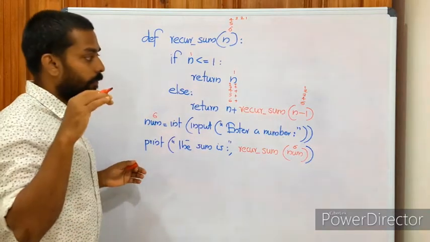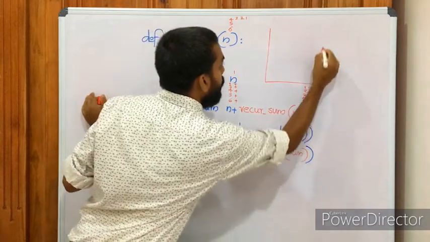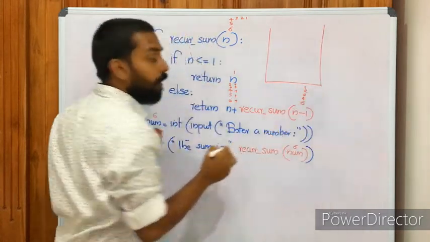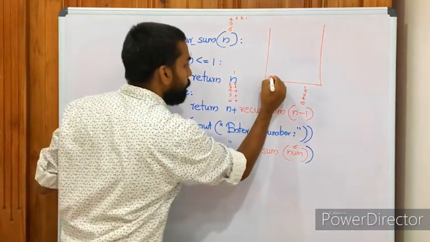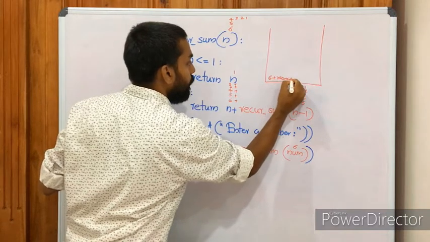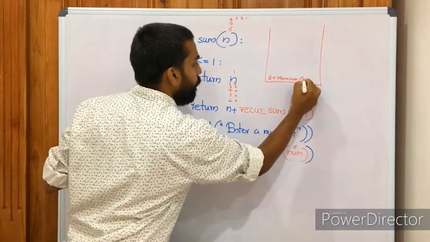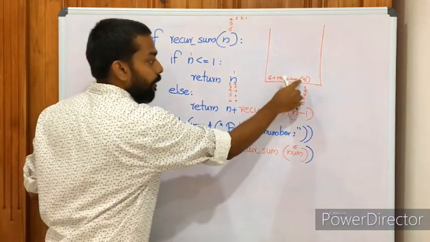Okay, we know we are using a stack to perform the recursion operation. So for the first function calling, the status of the stack will be 6 plus recursion of 5. Recursion of 5 is another function calling.